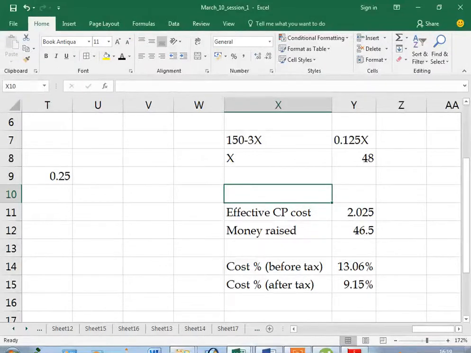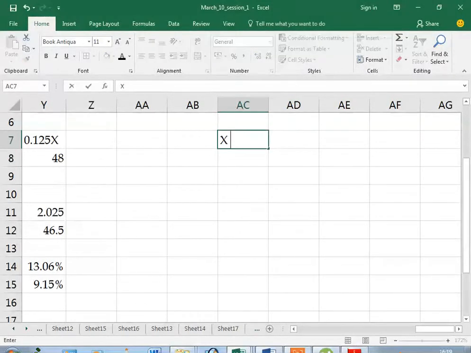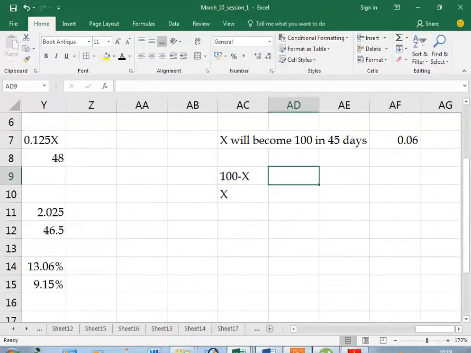X will become 100 in 45 days. I'll take it as 360 days and do it.